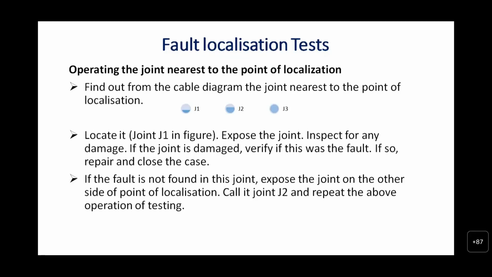Similarly, if the fault is found towards joint 2, one has to walk again to joint 2, expose the cable and localize the fault, whether it is towards J1 or J3. This is cumbersome, laborious work, but if the fault is to be localized and the cable restored, this method has to be adopted.